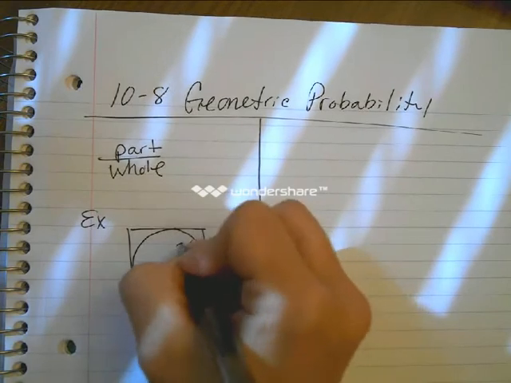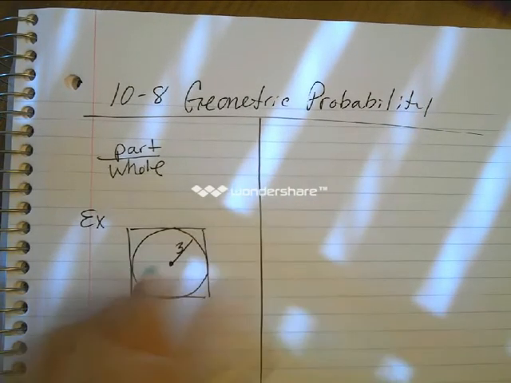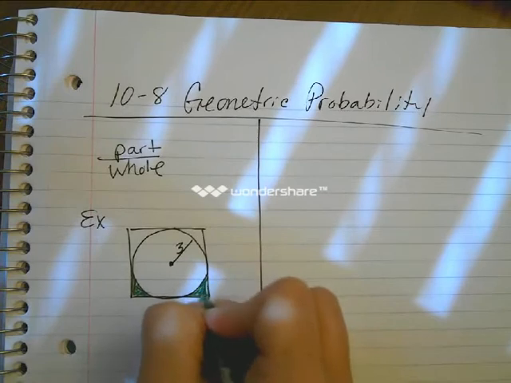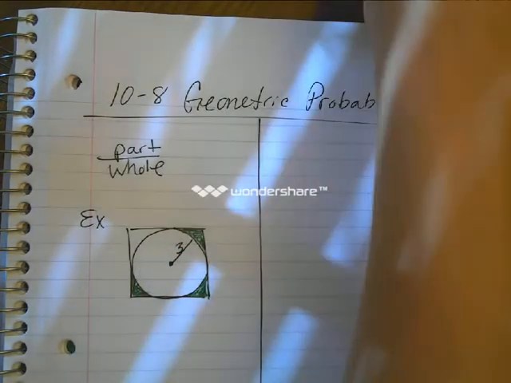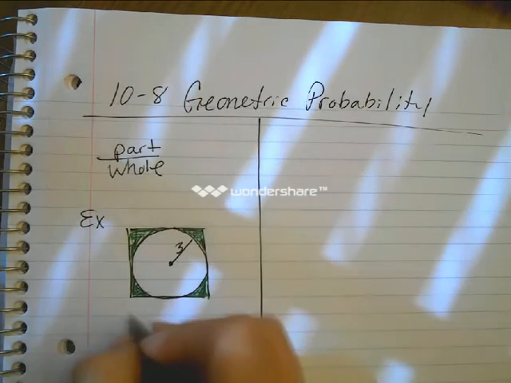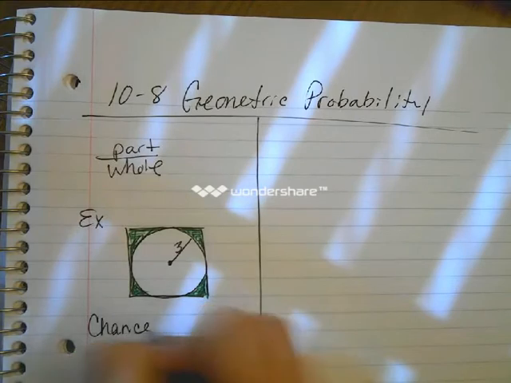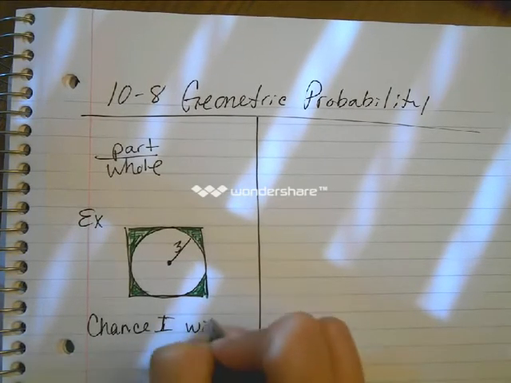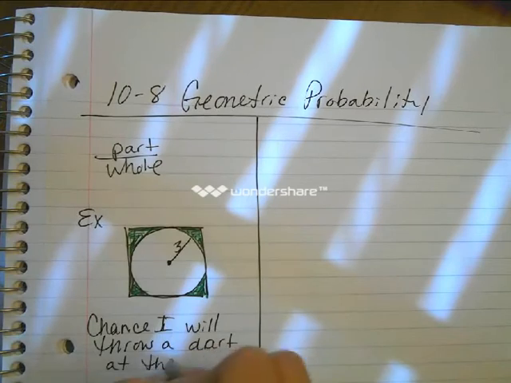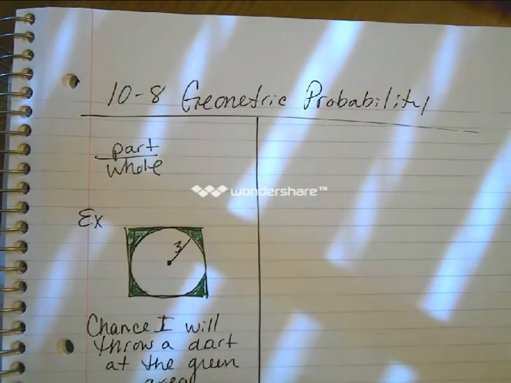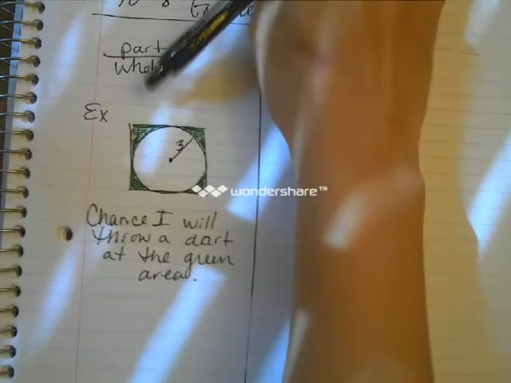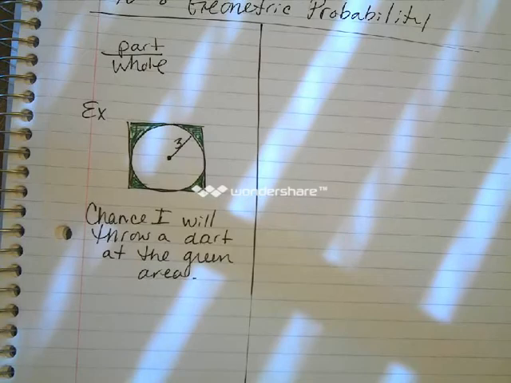If I tell you that that's 3, and I want to know what is the chance that I will throw a dart at this shape and land in the green area. Okay, now obviously this is assuming that you're not aiming or anything, that you're just randomly throwing it up there. So we are assuming a little bit of randomness to this problem.